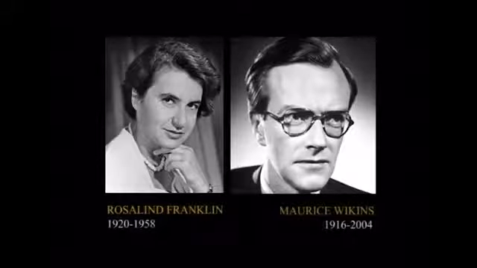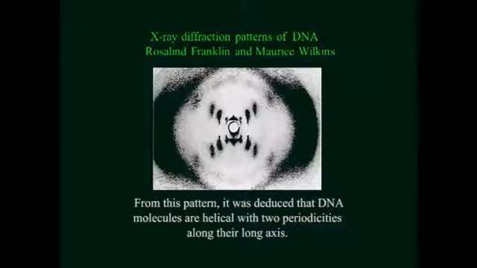Another landmark discovery was in the 1950s, when Rosalind Franklin and Maurice Wilkins observed a characteristic X-ray diffraction pattern of the DNA. From this pattern, it was deduced that DNA molecules are helical with two periodicities along their long axis.